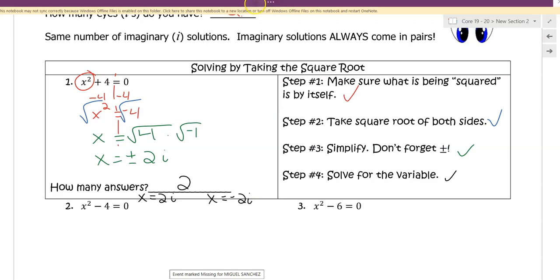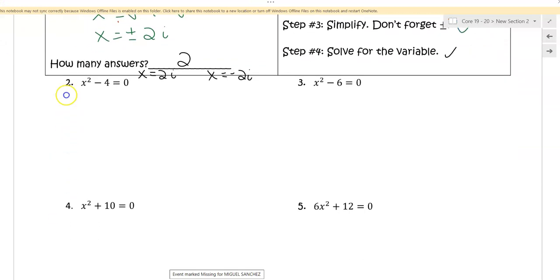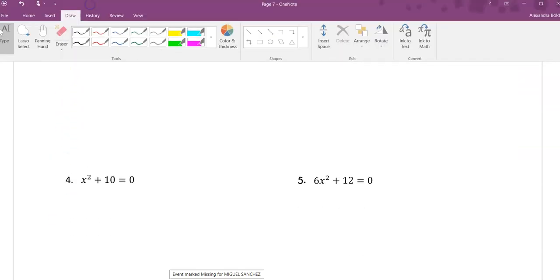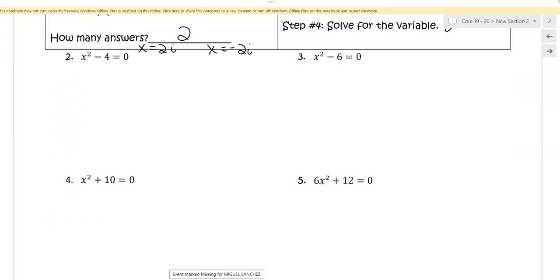All right, let's look at our next question. x squared minus 4 equals 0. Same thing, here's what's being squared. So I'm going to add 4. Now x squared equals positive 4. Now when I take the square root, the square root of x squared is x.